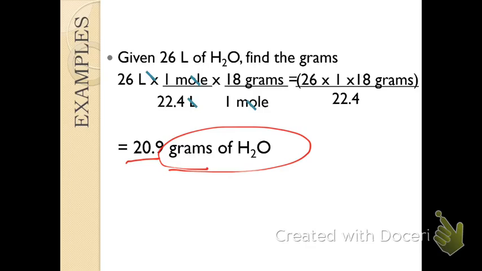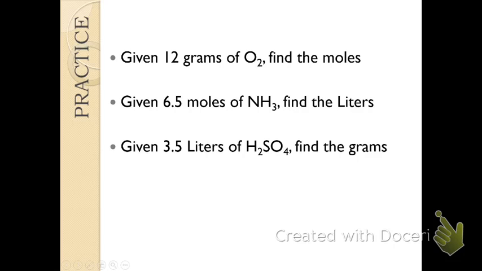Okay? If I wanted this to the nearest whole number, it would be 21 grams of H2O. And I can put G because G is a shortcut for grams, or I could write grams out. Okay. All right, I have shown you all those ways. Whichever way works for you, go ahead and take it.